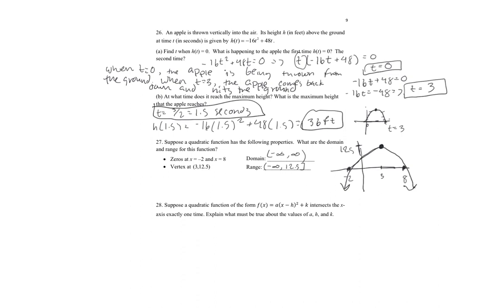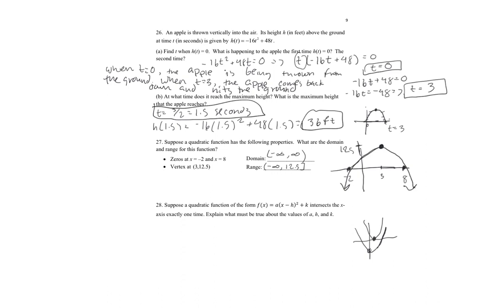And even if our vertex was a minimum, let's just say it's down here, it would still have to cross the x-axis twice, right? But if the graph lies on the x-axis, then it can only intersect the x-axis one time.